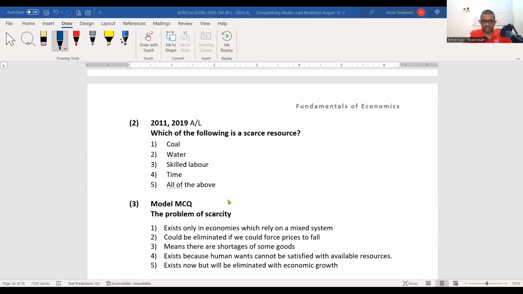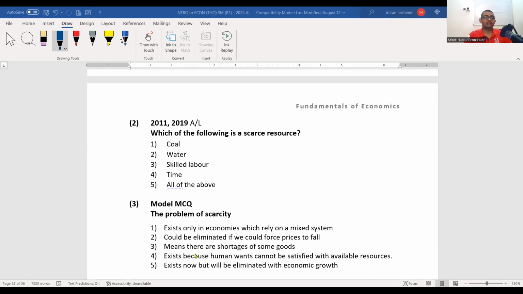So what do you think? What did you guys pick as the correct answer? Most of you who have responded, and I think most of you continue to respond. Okay. Some of you are talking about the third one. But if it's the third one, skilled labor, which is the scarce or limited resource, then you have to argue things like time, water, coal are not limited.